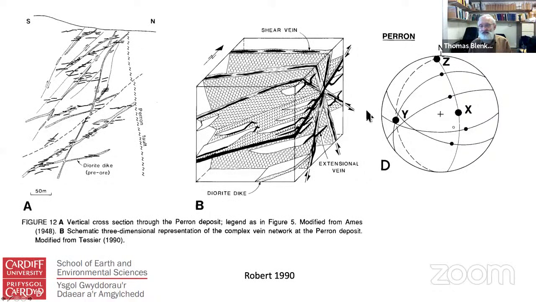So another lovely example of how deformation zones actually organize themselves on a larger scale to reflect the principal strain axes.